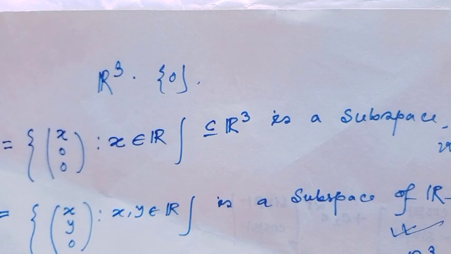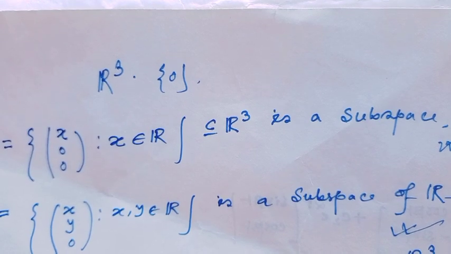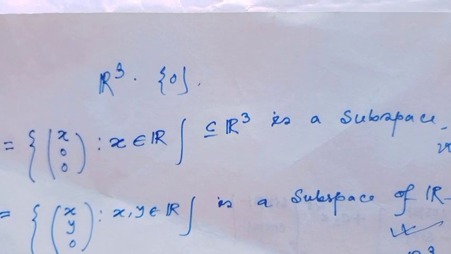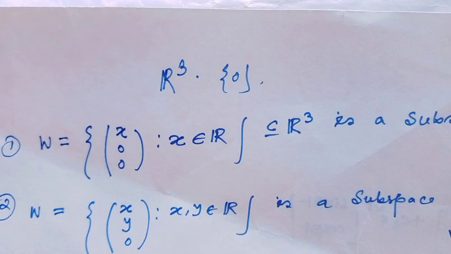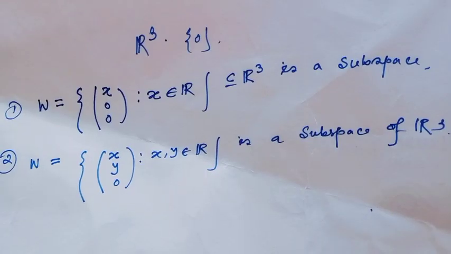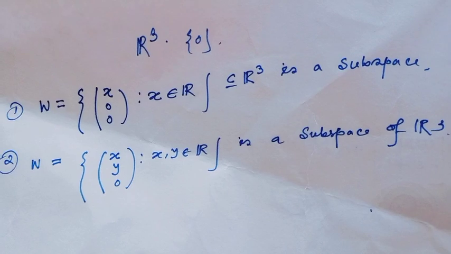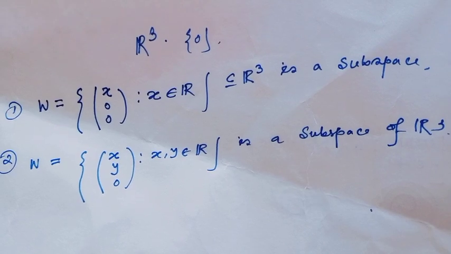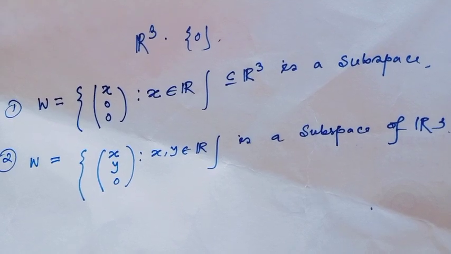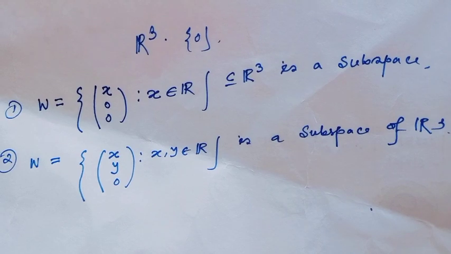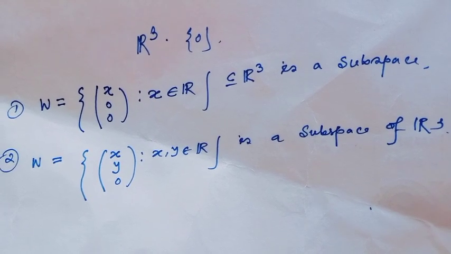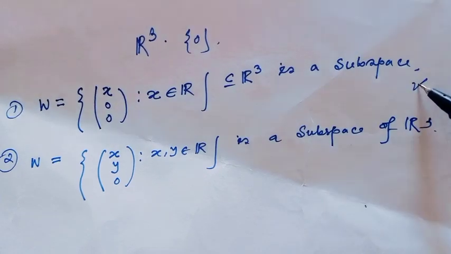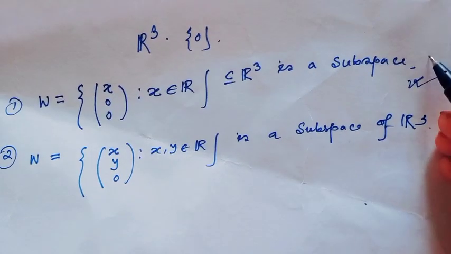The whole space R3 and the trivial space {0} are always subspaces, and another subspace is: if we consider the set W equal to the set containing the elements (x, 0, 0) such that x belongs to R, which is obviously a subset of R3, then W is a subspace of R3.